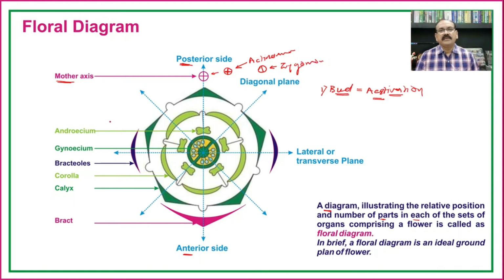Then below it, on the anterior side, we have to draw the bract if the flower is bracteate. If the flower is ebracteate, meaning the bract is absent in the flower, then there is no necessity to draw the bract in the floral diagram.